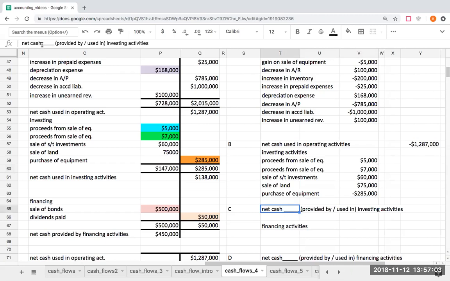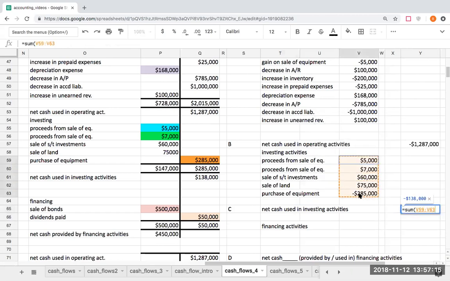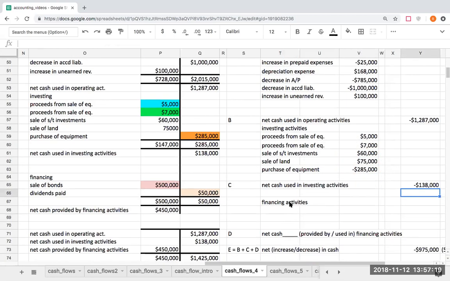So this is going to be net cash used in investing activities because the overall number is negative. So when I add these up, I'm going to get a total right over here of $138,000 negative. And again, if I've done this correctly, the numbers here should all be lining up.